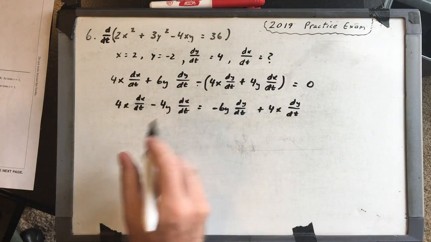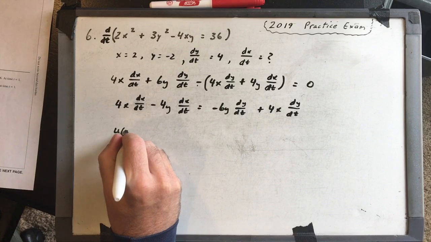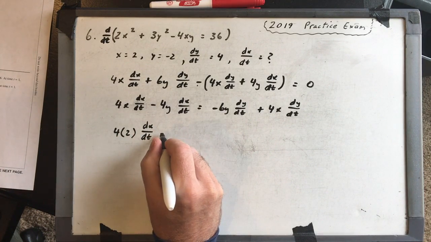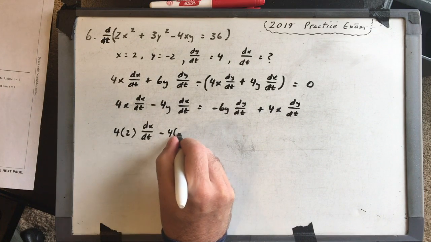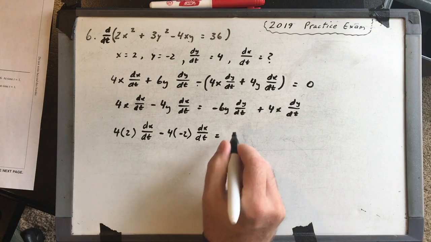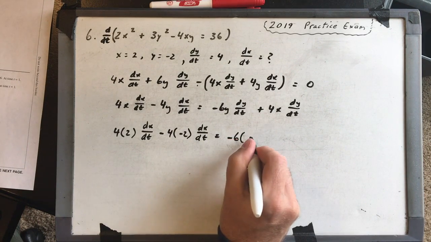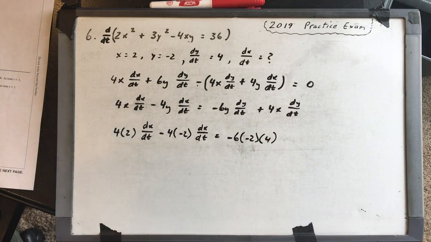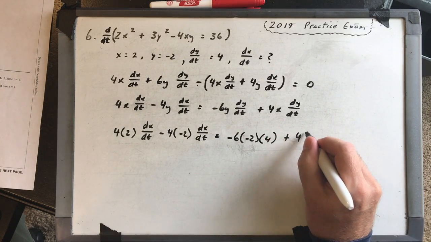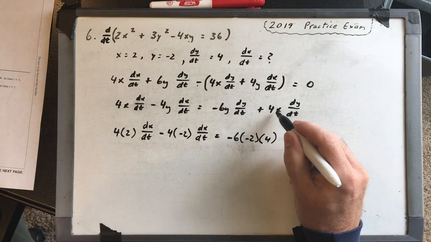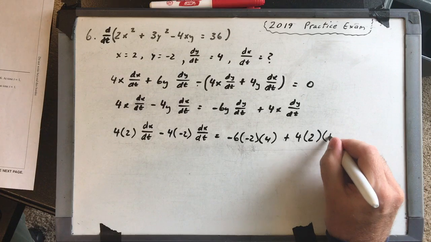Now we got to plug these numbers in. So x is 2, 4 times 2 dx dt minus 4 times negative 2 dx dt is equal to negative 6. Y is negative 2. dy dt is 4 plus 4 times 2 times 4.